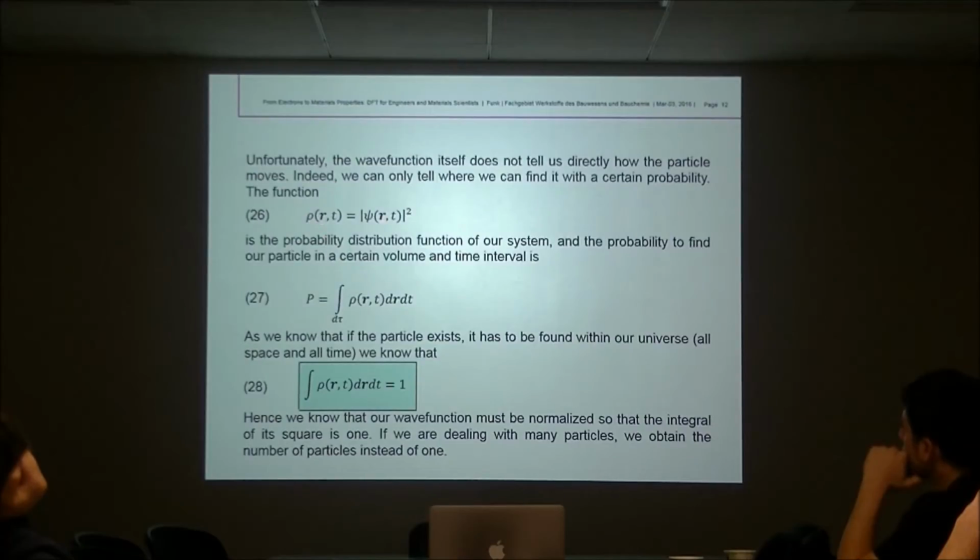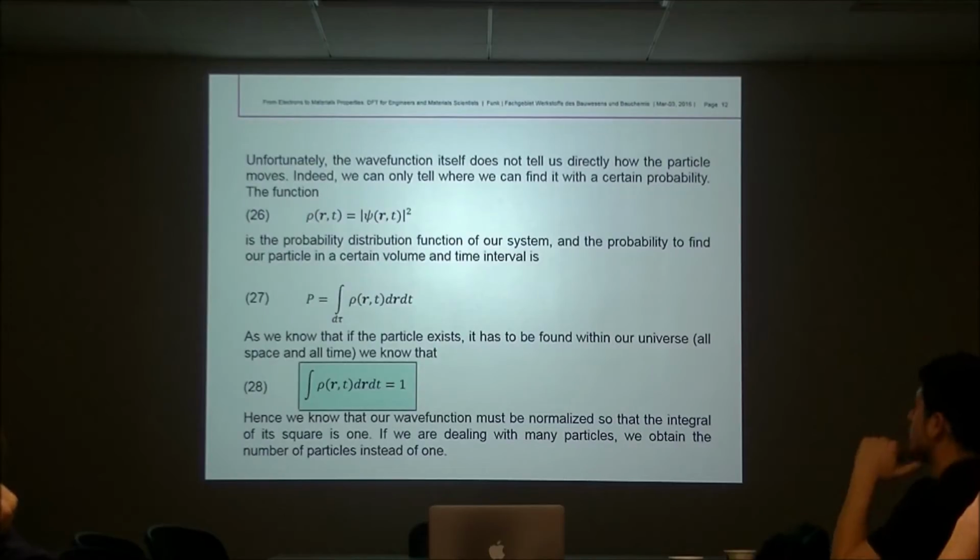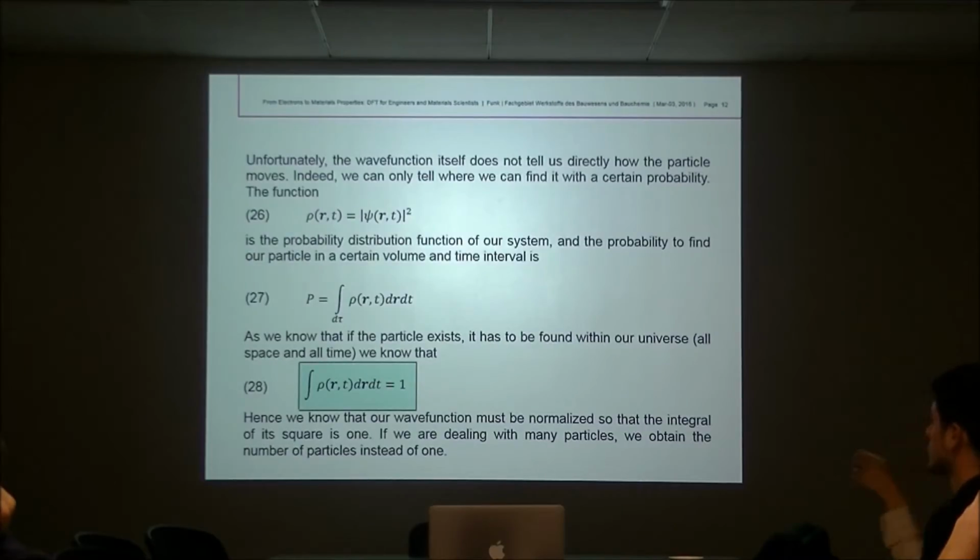So, we have our density, and to find it within a certain volume and time interval, we just need to integrate our density in the correct boundaries of time and space. We can say at which probability we find it there.